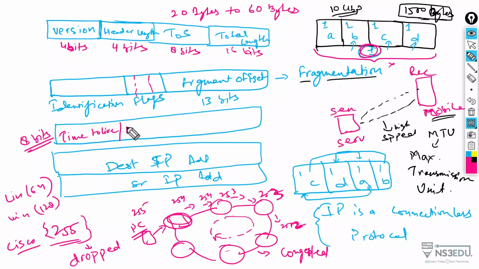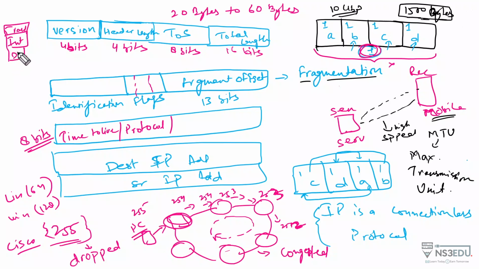After that is the protocol. A protocol is a field that specifies the protocol that is being used at the upper layer. On the upper layer we have the transport layer, and below it is the data link. The transport layer is very important here, because it also uses protocols, for example TCP or UDP.